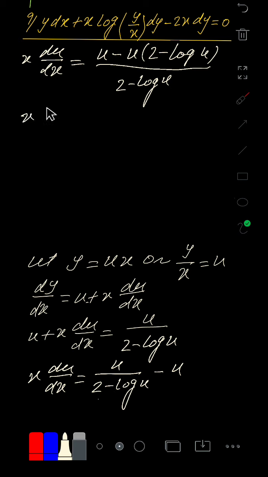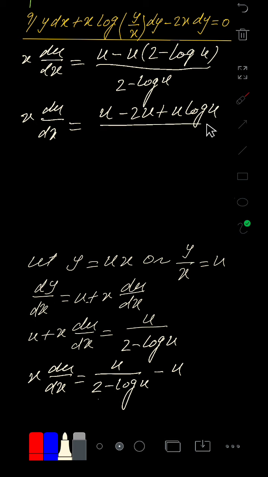So x du upon dx is equal to u, opening the bracket, this minus u will multiply both the terms inside, so we have minus 2u plus u log u divided by 2 minus log u.